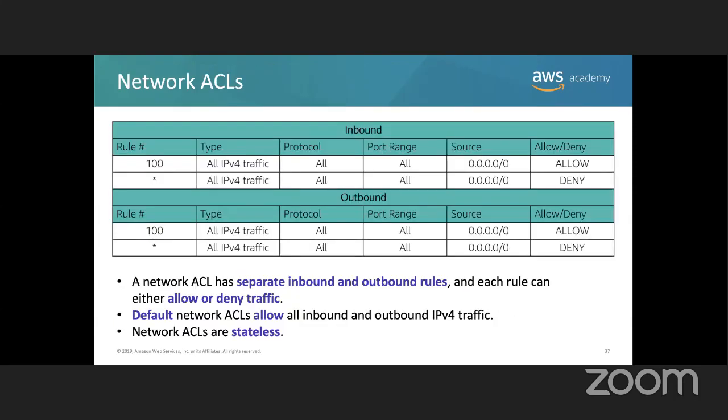Okay. Now these guys, as they are stateless, you have to have inbound rules and outbound rules. You have to have that. Okay. So rules are evaluated by increments of 100. Why do you do that? That's not mandatory, but it's recommended, because in the middle of the way, you may want to add another inbound rule, and then you can put it in between, right?